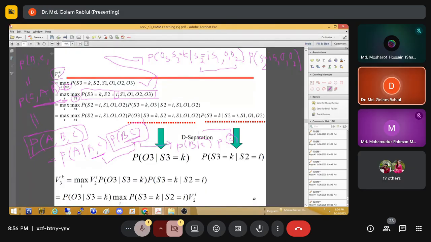It will be the same. So from this probability, S3 and O3 we just consider in front, and then given all other events, S2 equal I, S1, observation 1 and observation 2, the given part we have to consider.